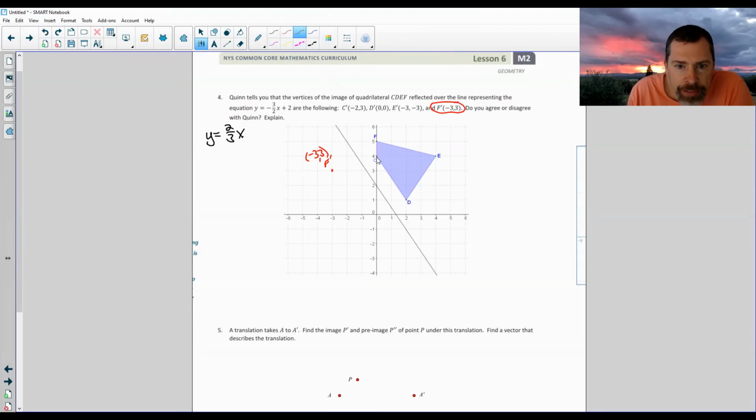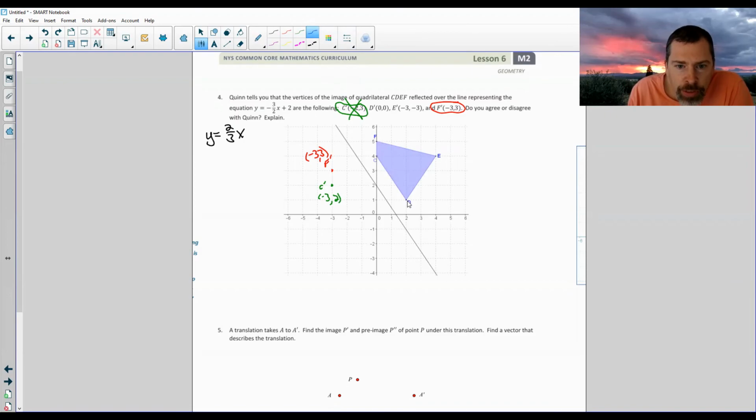If I start at C, then I need to go down 2, left 3, and that puts me here. So this is C prime, and that is the point (-3, 2). So go up here, C prime is not (-3, 2). So that is incorrect, but I will continue.